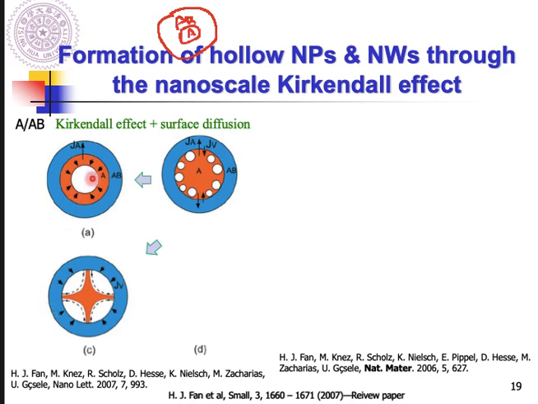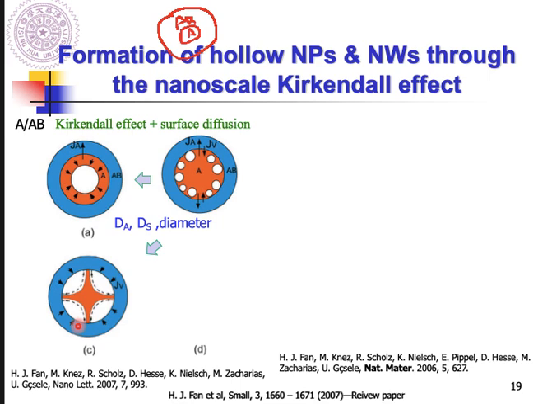The difference between this one and this one depends on the diffusivity of material A, the surface diffusivity of material A, and also the diameter of the nanoparticle. So you have a chance to get these two different structures of nanoparticles.